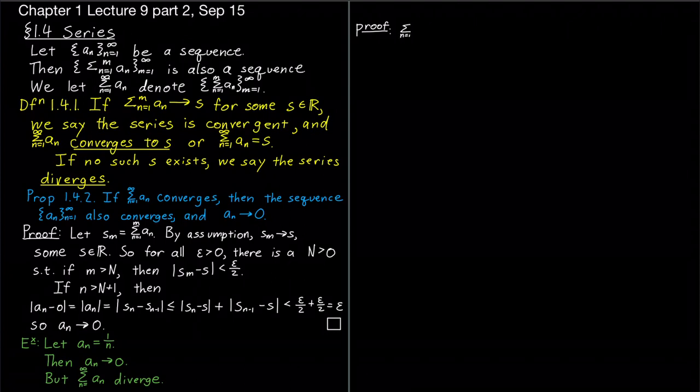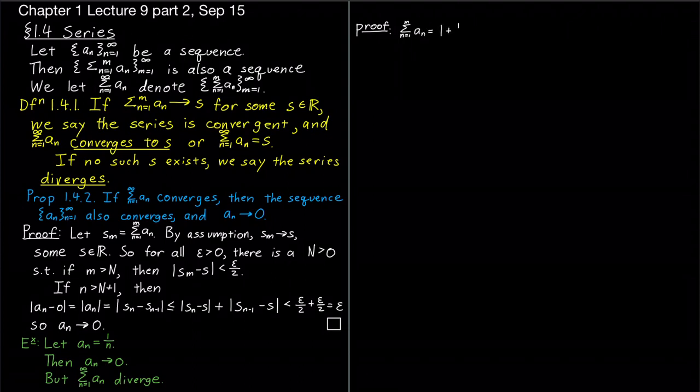Sorry, this really must be a sum from n equals 1. I do not want to start with a_0 because a_0 is 1 over 0, and that's no good. So, the sum from n equals 1 to m of a_n.